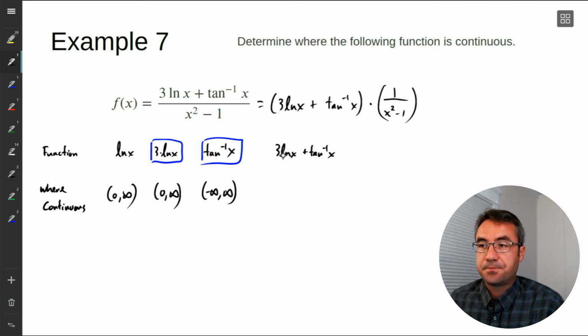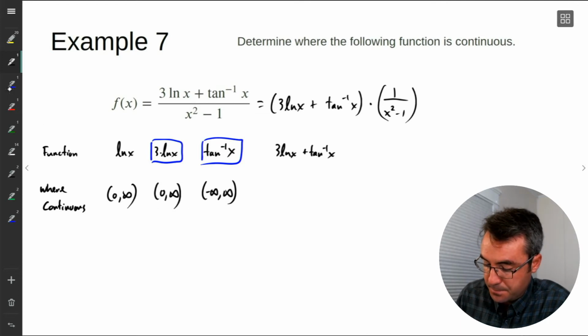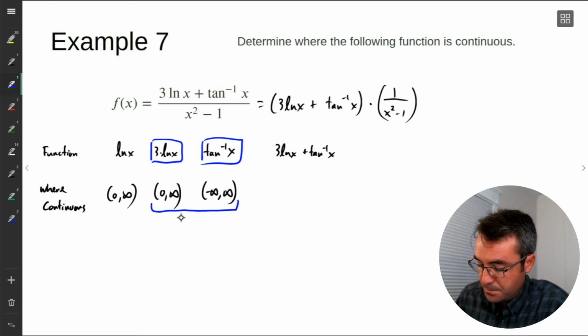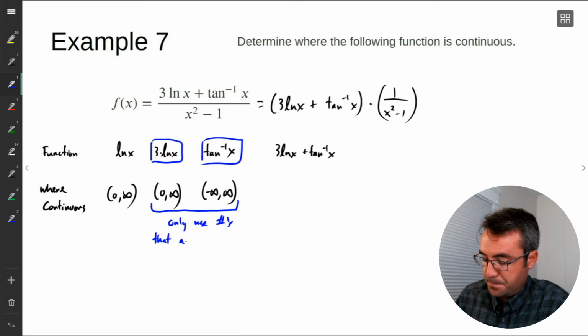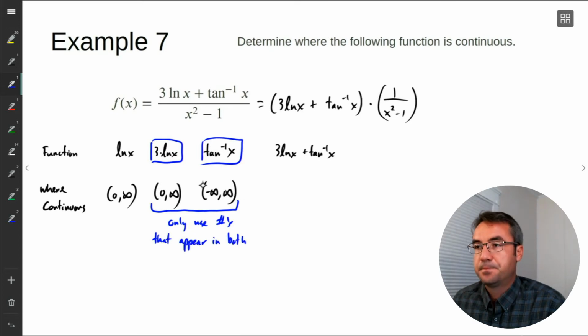And since we're adding these, we have to use the x values that appear in both of these intervals. So yeah, inverse tan is defined for negative numbers, but natural log isn't.